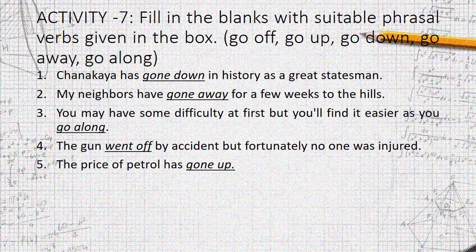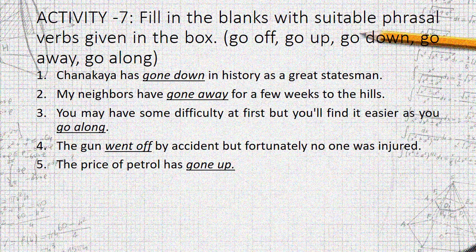Third, you may have some difficulty at first, but you will find it easier as you blank, as you go along. To go along means as you continue with it, as you carry on doing it. Fourth one, the gun blank by accident, but fortunately no one was injured.